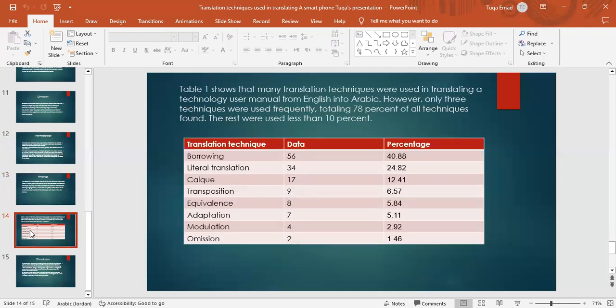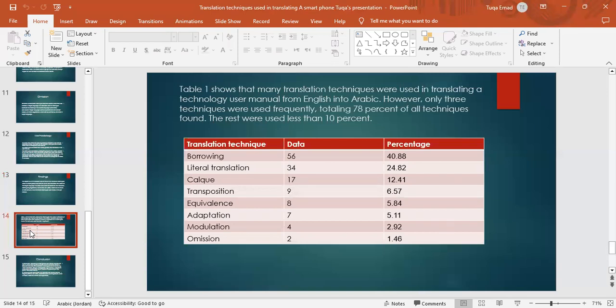This table shows that many translation techniques were used in translating a technology user manual from English into Arabic. However, only 3 techniques were used frequently, totaling 78% of all techniques found. The rest were used less than 10%.